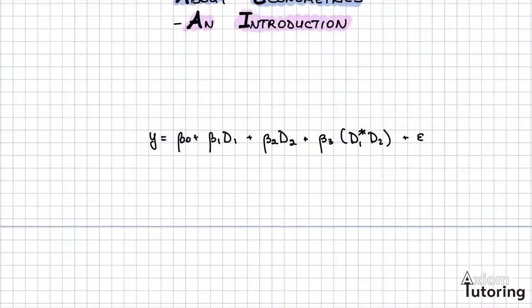Using the general result, the same way we did the partial derivatives in the intuition video, we're going to have that the derivative of y with respect to dummy 1 is simply beta 1 plus beta 3 times dummy 2. Okay, so even though d1 is discrete, just a 0 and 1, you can still interpret this as the change in y when d goes from 0 to 1.